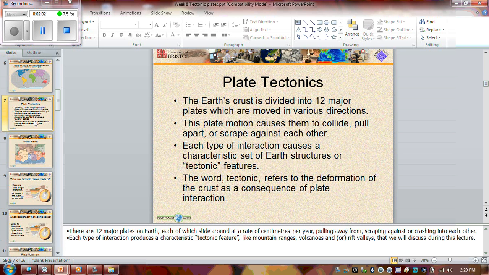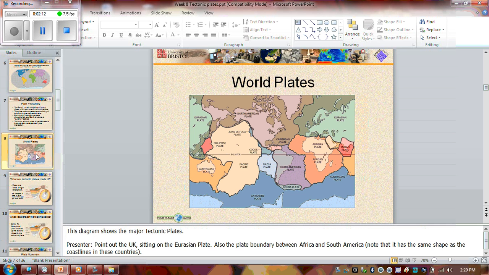The skull is made up of lots of different pieces that are joined together. The slabs that make up the plates on the Earth's surface are very similar to that. There are different plates, as you see: the Australian plate, the North American plate, the South American plate, the African Arabian plate, and the Eurasian plate.